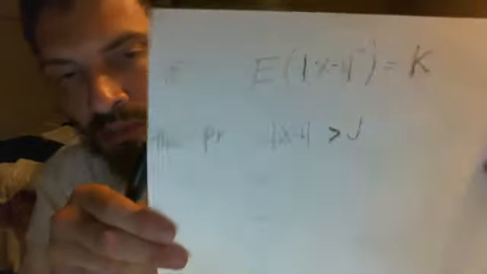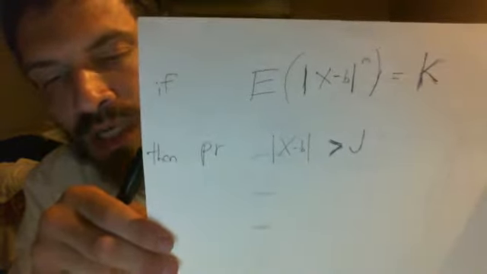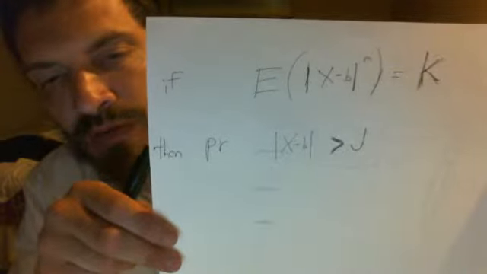Let's call that number j. Then probability that x minus b is greater than j. Here j is 15.